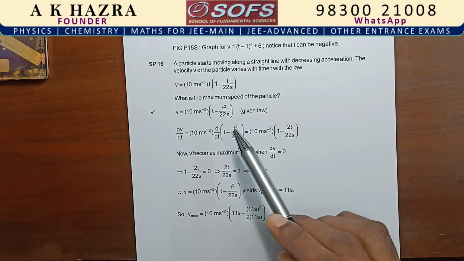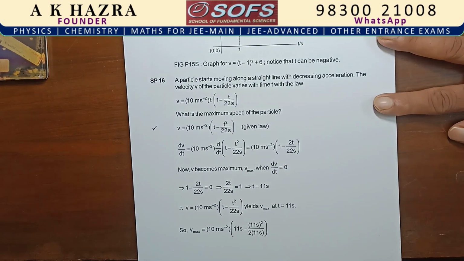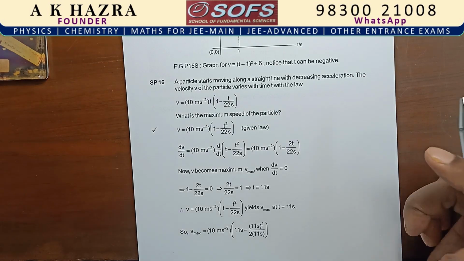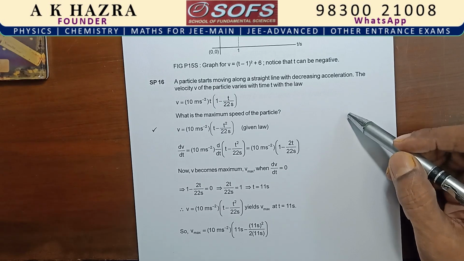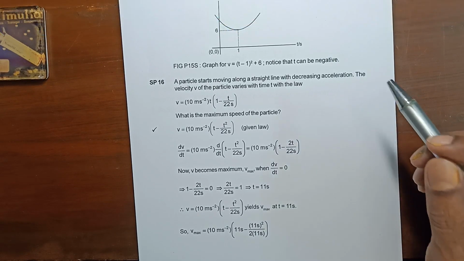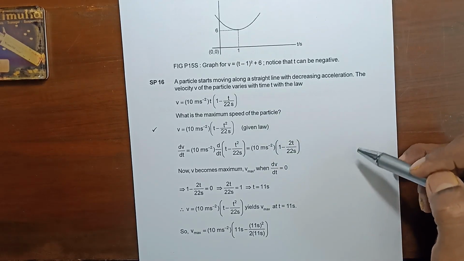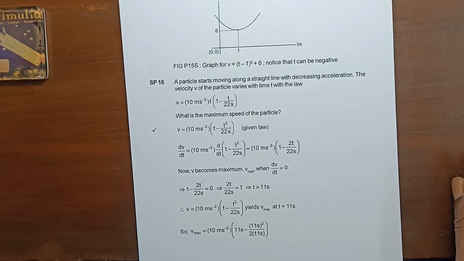Now the question is, the velocity of the particle as a function of t is given here, and we have to find the maximum speed of the particle. Since the acceleration is decreasing, a time will come when the acceleration becomes 0, and obviously at that point the velocity becomes maximum, because acceleration means velocity increases, but since acceleration decreases, gradually the acceleration dies down to 0.